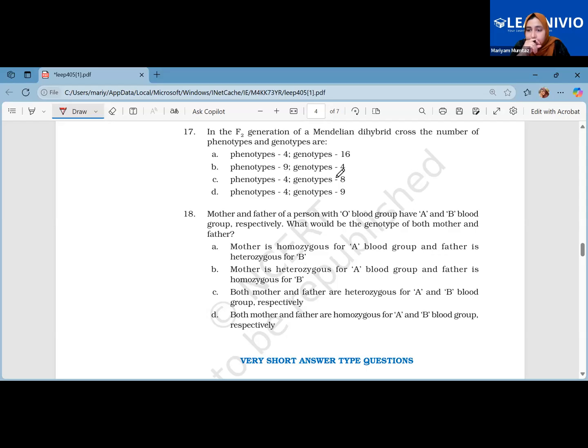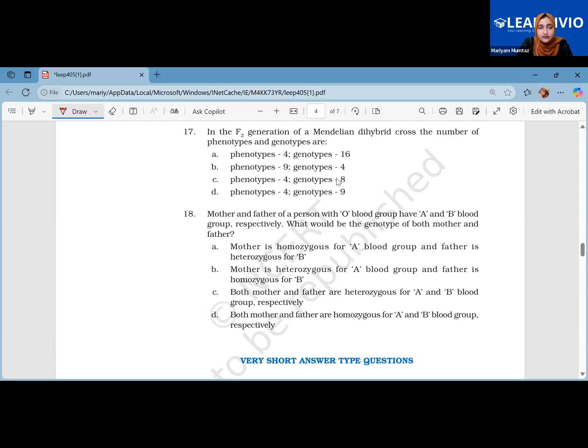Which option? See, at the end of all of that, you got various phenotypes. You have to see what are the phenotypic expressions and what are the genotypes all in all. So when you count them, you will have certain genotypes.